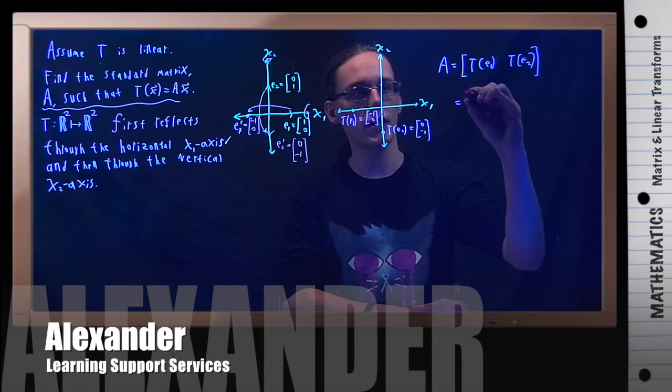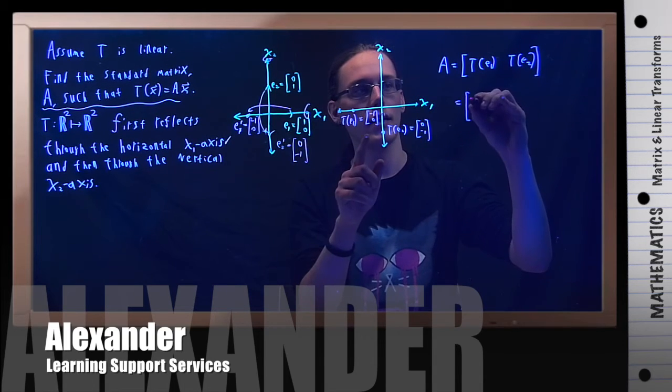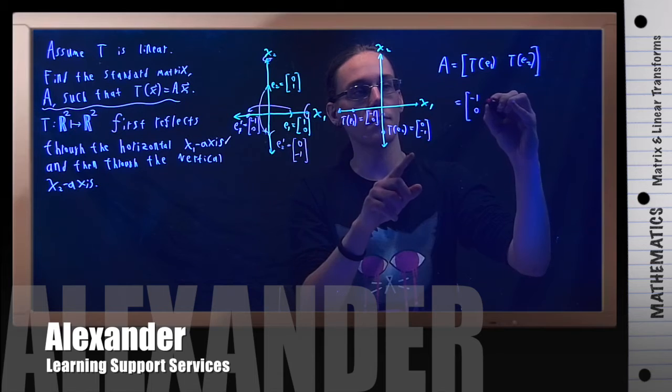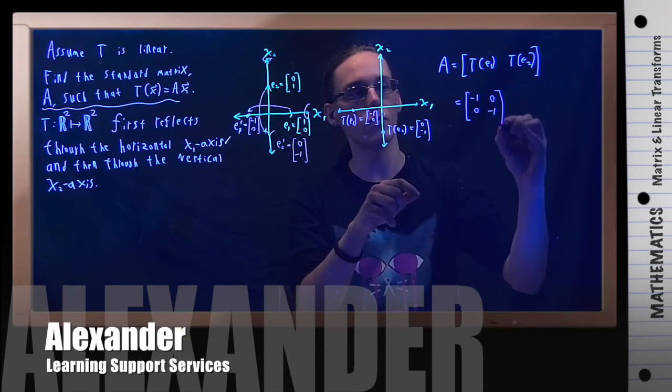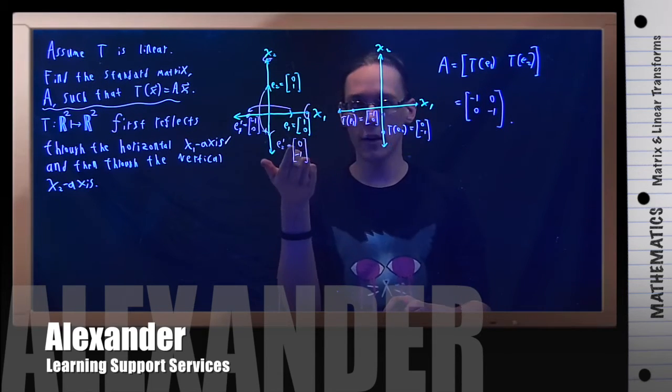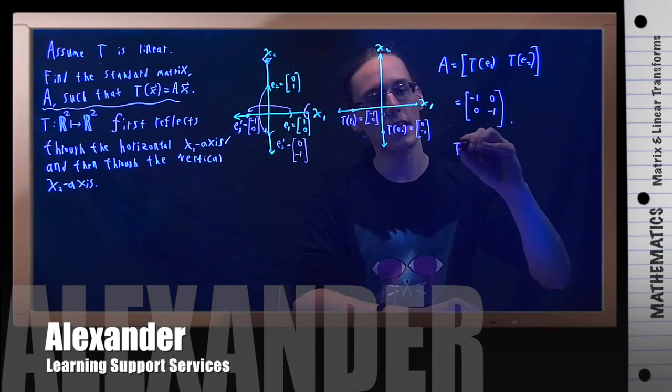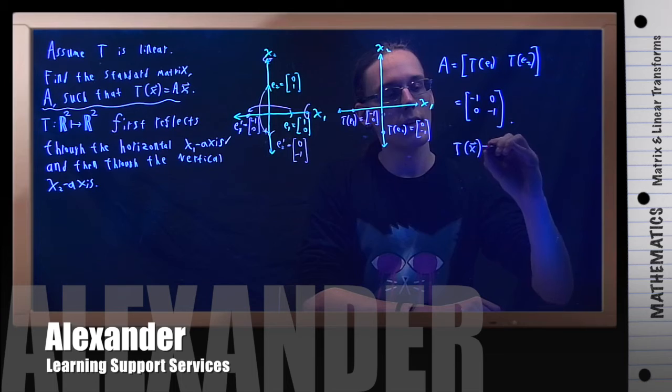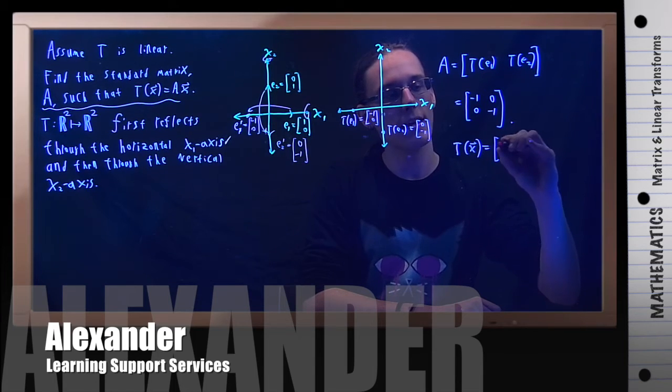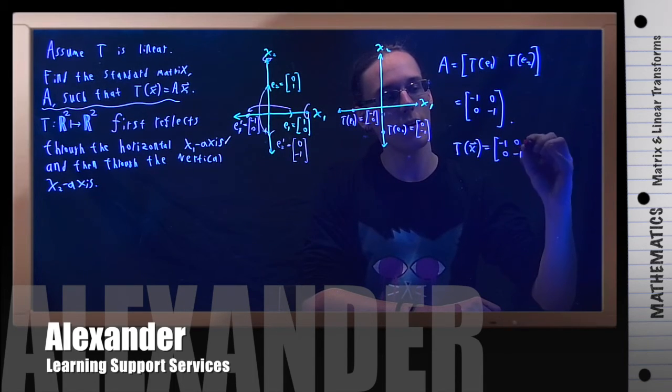So my standard matrix A is -1, 0, the transform of E1, 0, -1, the transform of E2. And so I can write my linear transform T of any vector x in R2 as equal to [-1, 0; 0, -1] times x.